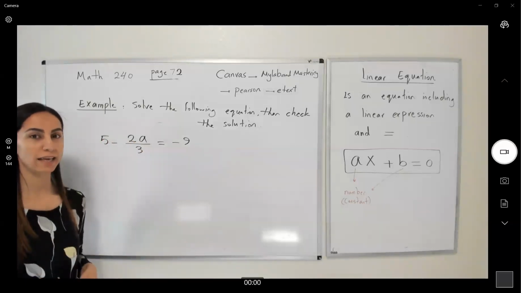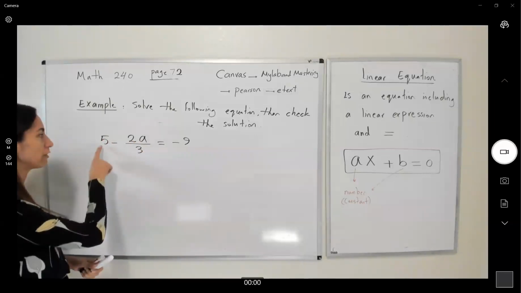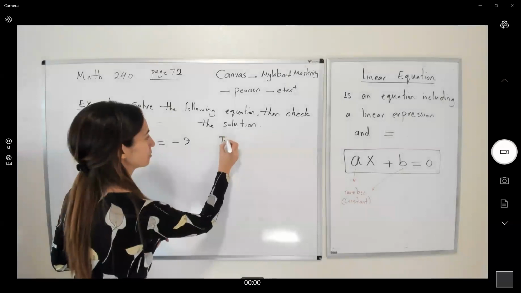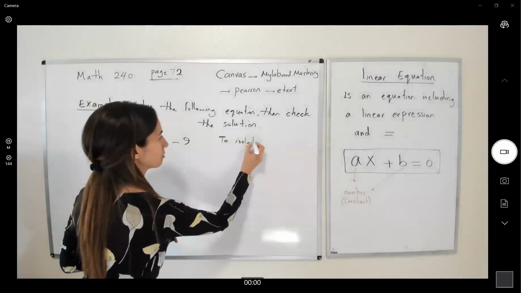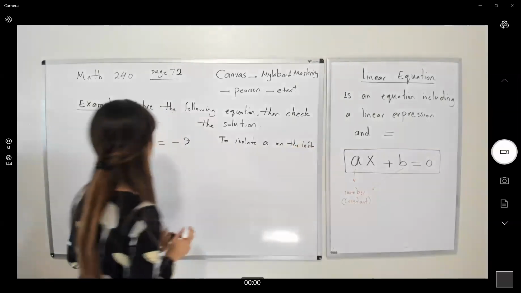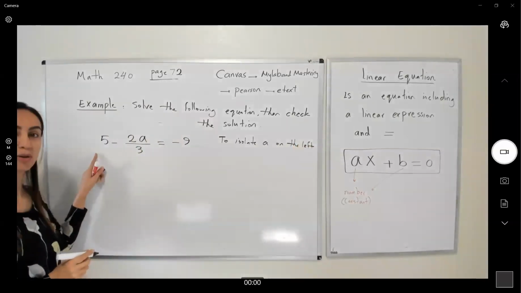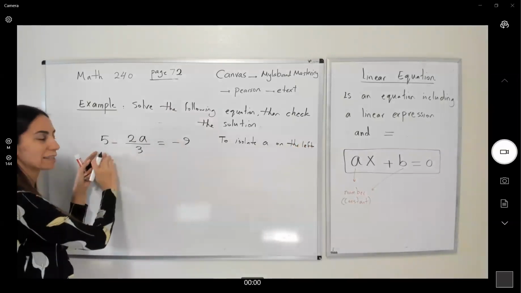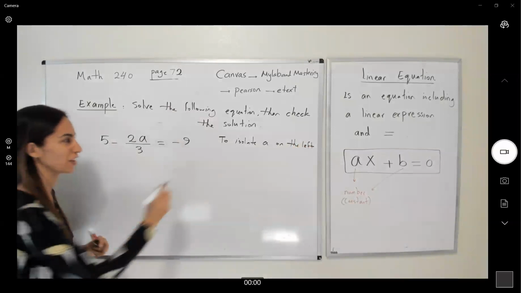To isolate a on the left-hand side, first get rid of the constant. So since you have positive 5, we're going to subtract 5 from both sides.